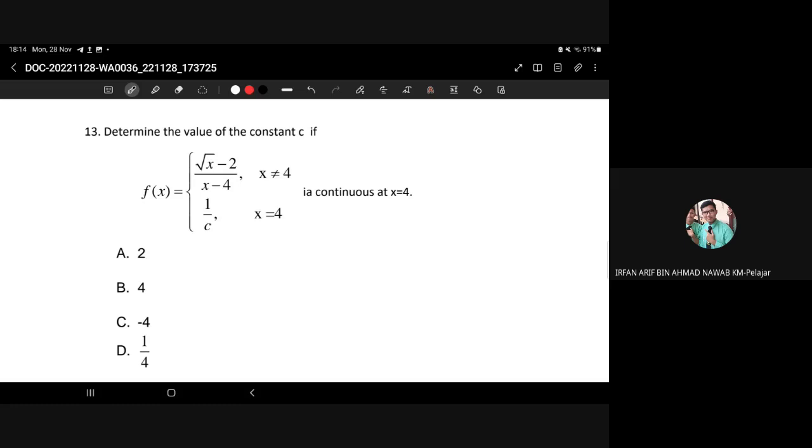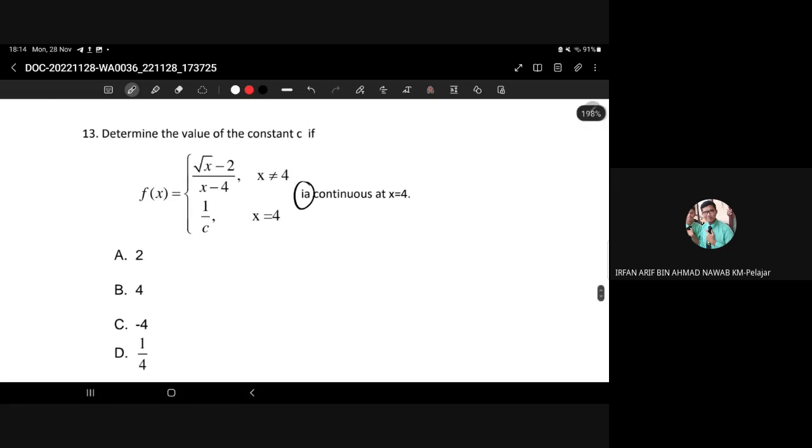Okay, so do you want to take a bus or not? Wait. My hand is tangled. Okay. So determine the value of the constant C if f of x is equal to this piecewise function.